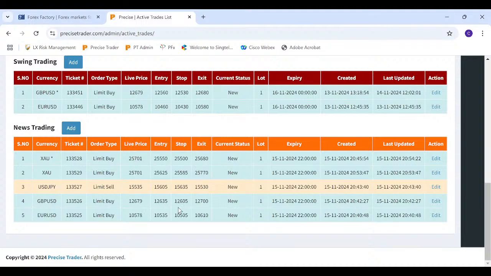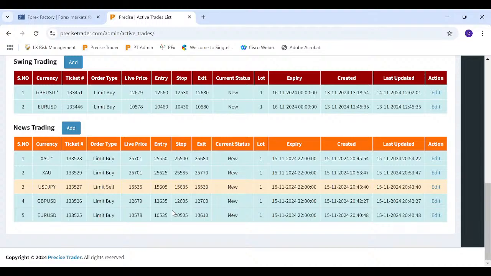Then dollar yen, we have selling at 156.05, then stop at 156.35 and TP at 155.30.